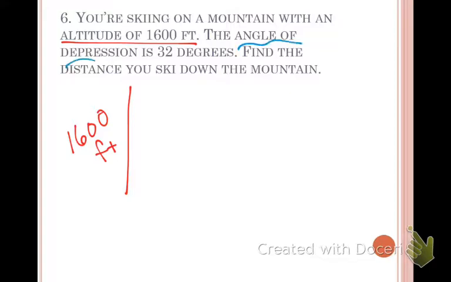So angle of depression always opens downward, and it has to have a horizontal ray. So what's going to happen? In order for my angle to open downward, it's got to be from the top to open down. So you're going to draw a horizontal line as one of the rays, and then an angle pointing downward.